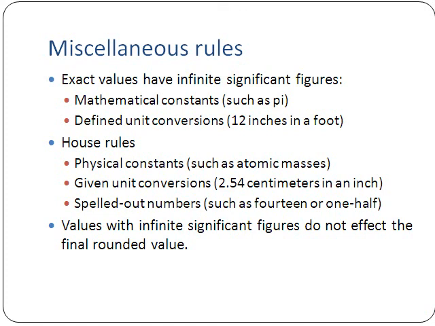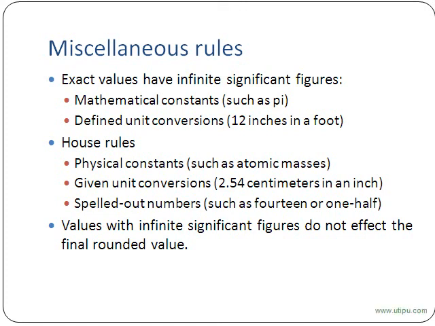The reason why this is important is that if you have a value with infinite significant figures, then it doesn't affect the final rounded value. So if I said pi times 3, for example, so you multiply those two together, the number of significant figures in pi, you don't worry about it. You only worry about the number of significant figures in 3.